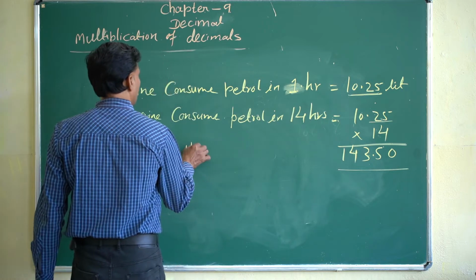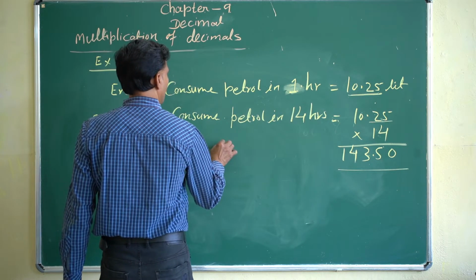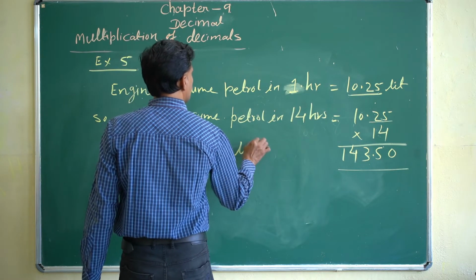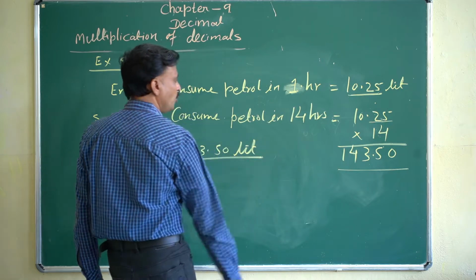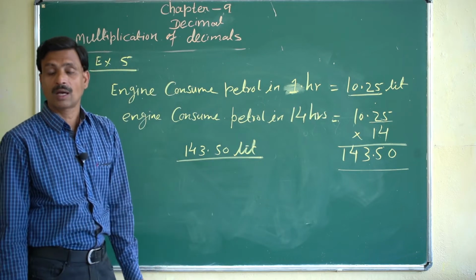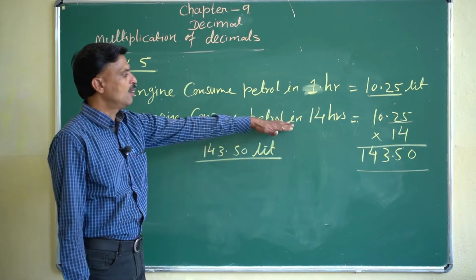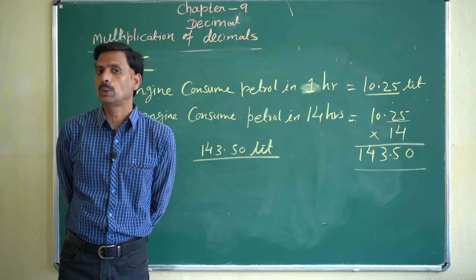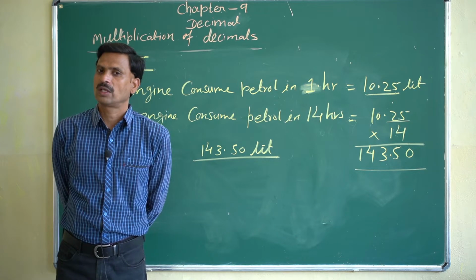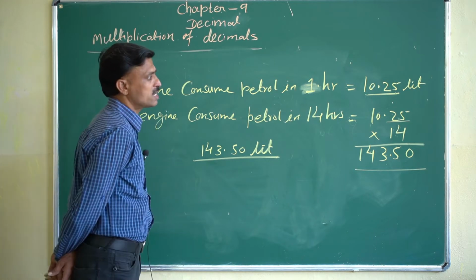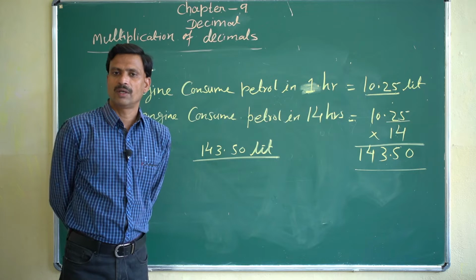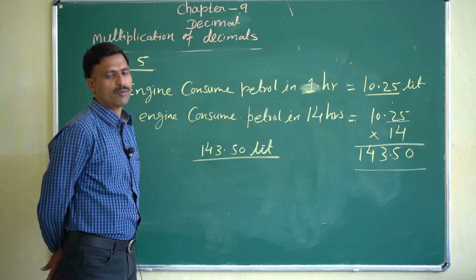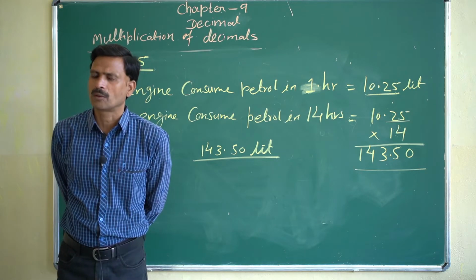So 143.50 liters of petrol will be consumed by the car engine when it is running for 14 hours, because it consumed 10.25 liters when the engine was running 1 hour. So in 14 hours it will consume 143.50 liters.